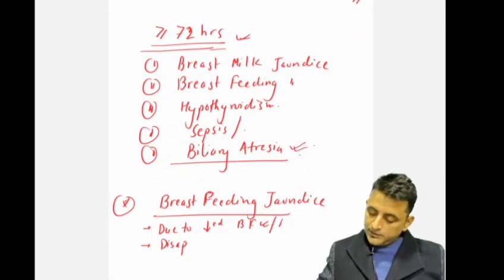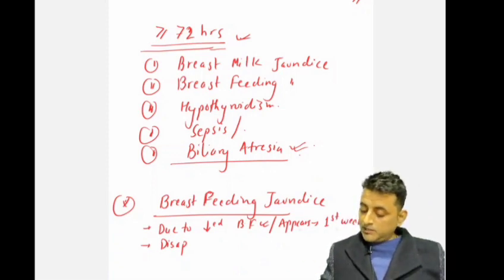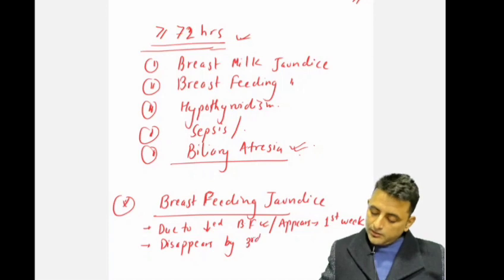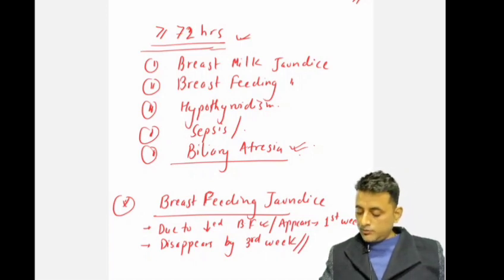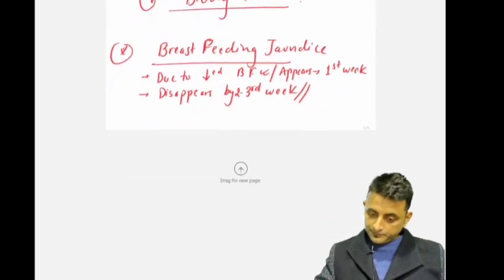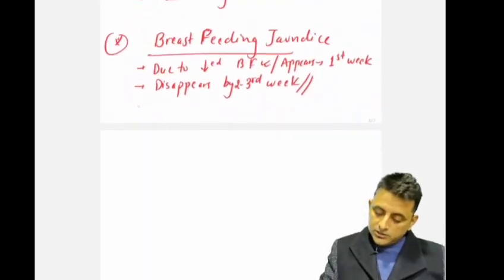It appears in the first week, this is important about breastfeeding and breast milk. It appears in the first week and disappears by the second or third week. So what is the cause?